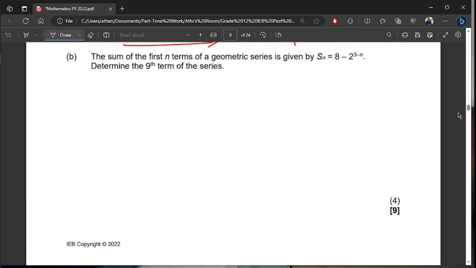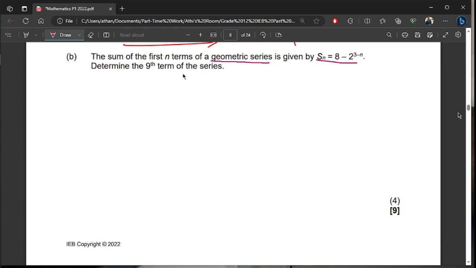Question B says the sum of the first n terms of a geometric series is given by this equation here. Determine the 9th term of the series.